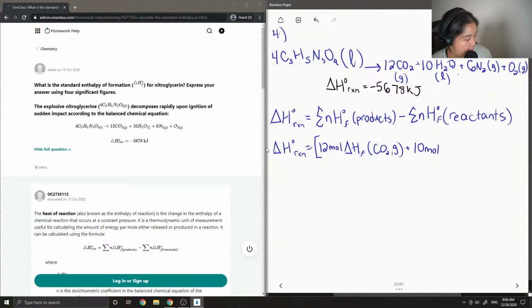Okay, so this is plus 10 times the delta H of formation of H2O liquid, plus 6 times the delta H of formation of nitrogen gas.